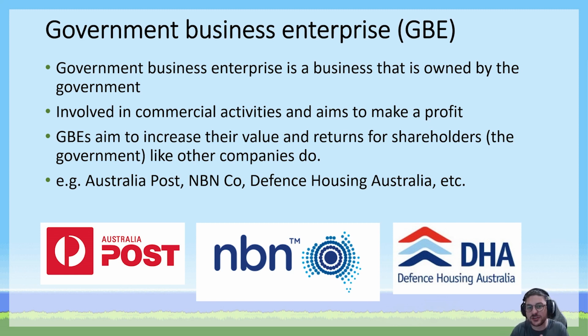Typically, the influence of GBEs, or government business enterprises, on the market is that they will provide a reliable service that helps keep prices down in the market, because the tendency of for-profit businesses in a capitalist economy is to charge whatever they can get away with, whereas government business enterprises exist to ensure that there is a reliable supply of some product or service in a market, and they will set whatever the going rate is for the good or service within that market.